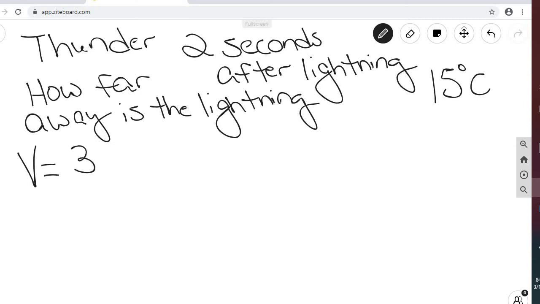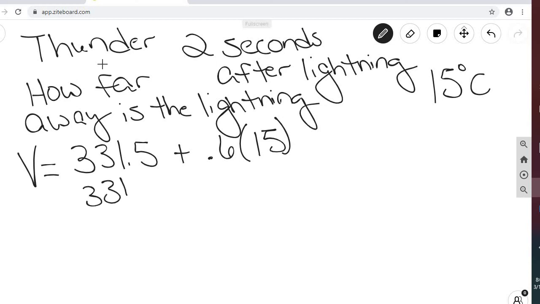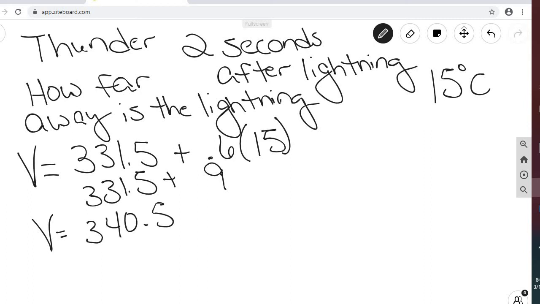Our equation for the speed of sound is 331.5 plus 0.6 times 15. Okay, so 331.5, and 0.6 times 15 is 9. So the velocity of the sound is 340.5. And remember that units are meters per second.